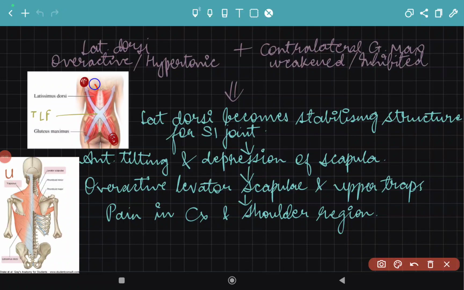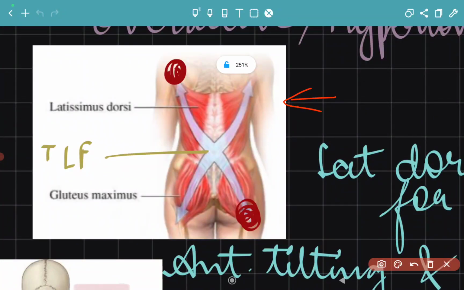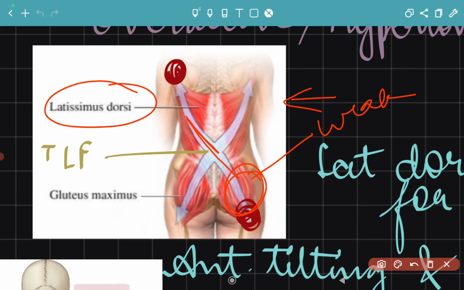Now, as we know that this is the posterior oblique sling, which has latissimus dorsi, thoracolumbar fascia and contralateral gluteus maximus, what is the clinical role for them to play? So if the contralateral gluteus maximus becomes weak, can be appreciated in this diagram, then the load will be over the latissimus dorsi.